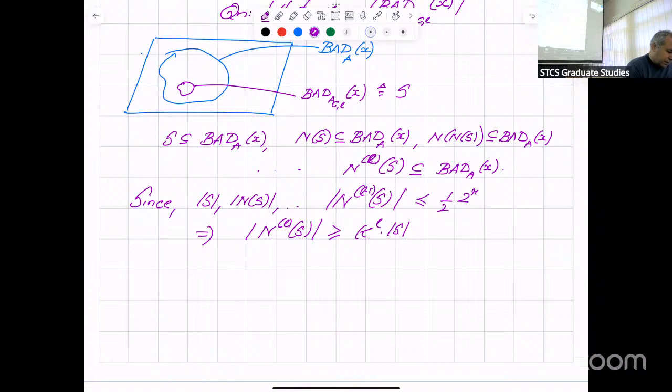What is the probability that R is in bad AGL of X?